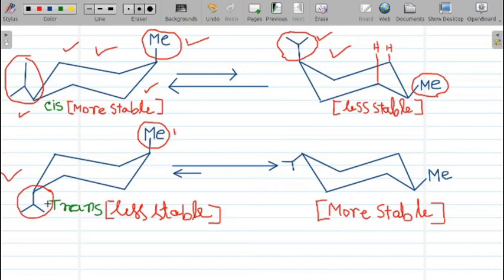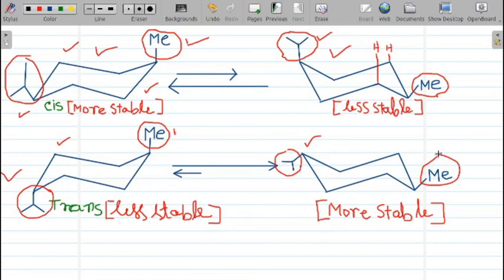So this is the least stable, because in this conformer more 1,3-diaxial interaction is present than in the other one, where the 2 degree carbon and the methyl group are both present at the equatorial position.